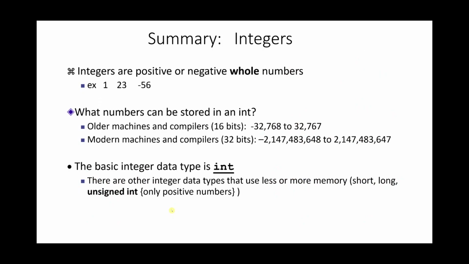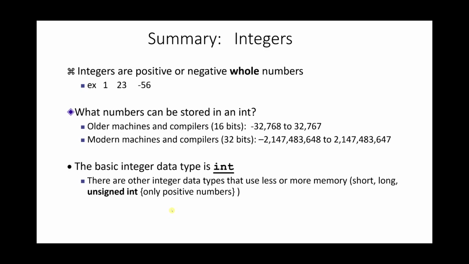Okay, so talking about integers, we have the int data type. The int data type is going to have either 16 bits or 32 bits. Why did I say always 32 bits?